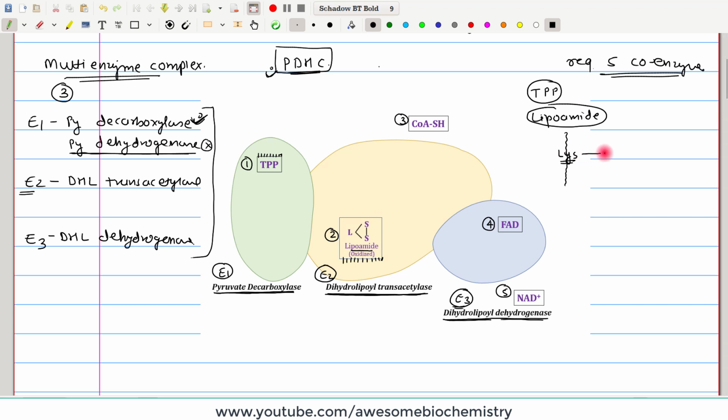With this lysine, one sulfur-containing fatty acid is bound, and the name of that fatty acid is lipoic acid. So, this lipoic acid is bound with the lysine part of the amino acid backbone. In this lysine, there is an epsilon amino group, and with this epsilon amino group, the lipoic acid is actually bound. So, the epsilon amino group together with lipoic acid, we call lipoamide.